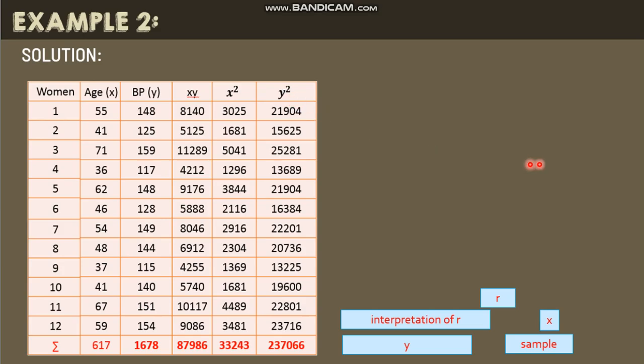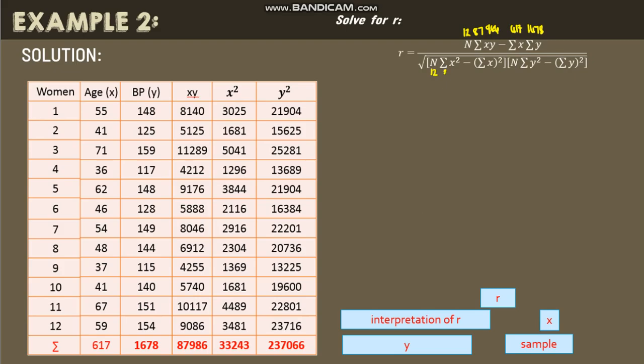Okay, so solve na po natin yung value ng R natin. So the formula is this. So again, ang mga summations po natin dyan, we have N is 12. Summation ng XY natin is 87,986. 617 sa summation ng X. 1,678 sa summation ng Y. Again, 12.